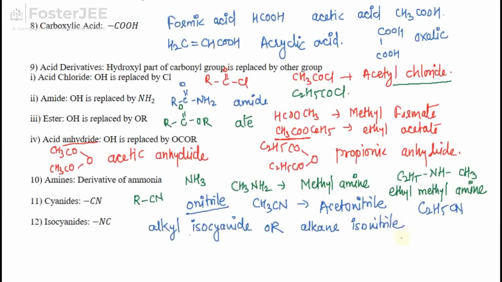Let's take an example, CH3NC. It can be named as methyl isocyanide, because they are named as alkyl isocyanide, or it can also be named as methane isonitrile.